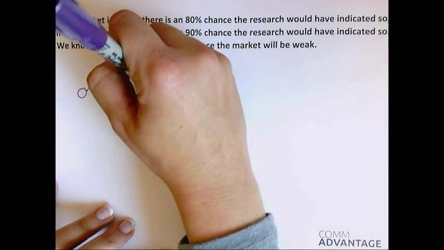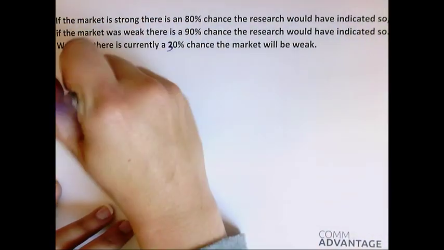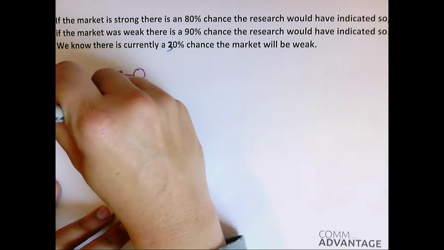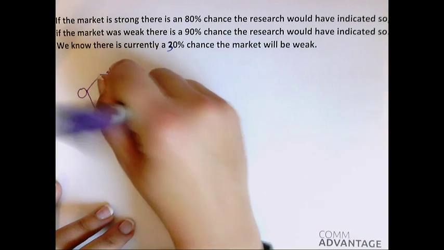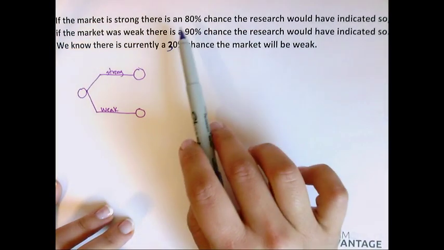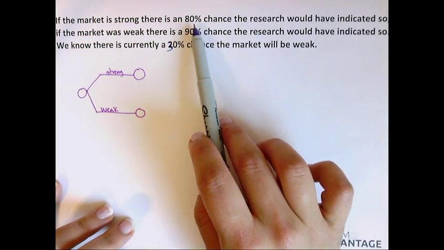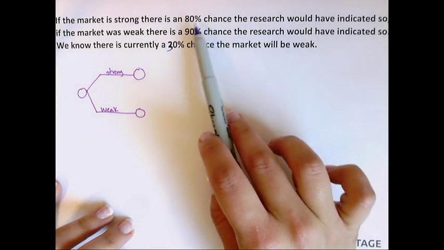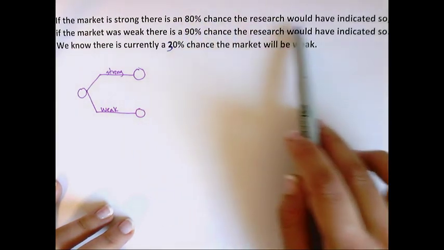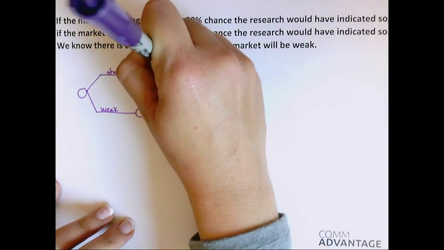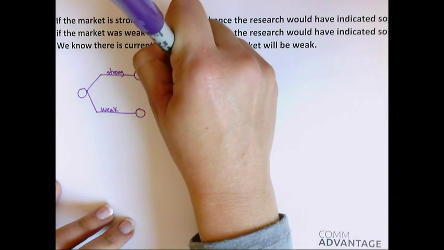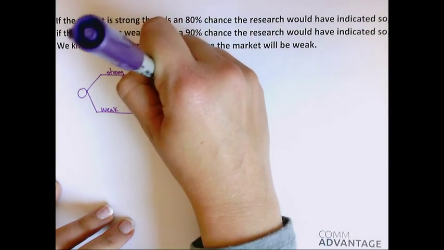And so our research result comes after we know whether the market is strong or weak, okay? And so just for our sanity, 80% chance that the research would have indicated. So I'm going to indicate that as being the research can either come out positive or negative.